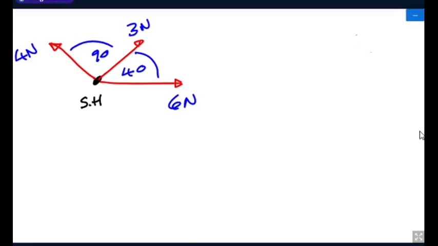So you could roughly guess, I suppose, because you've got 6 and 3 going that way. But what you would do, same as before, we've got 3 things now, right? So this is what you'll be doing. Do your scale drawing, scale, let's say 1 Newton is 1 centimeter. 10 millimeters is up to you.